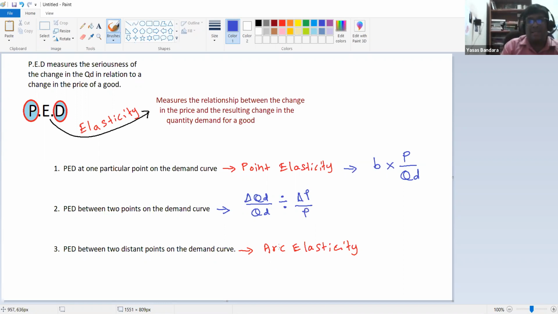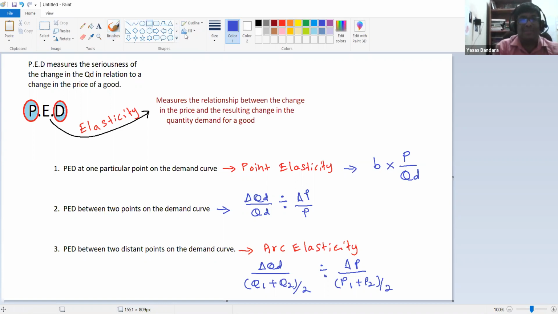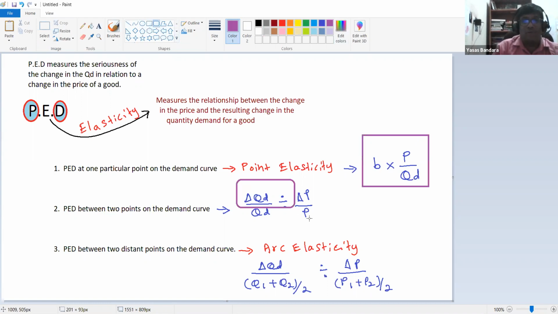And arc elasticity is slightly different from the second one, where it is delta QD over Q1 plus Q2, we add them together and divide by 2, divided by delta P over P1 plus P2 divided by 2. Right. So it is important that you remember these three methods and the equations we are using when we use each of these different methods.